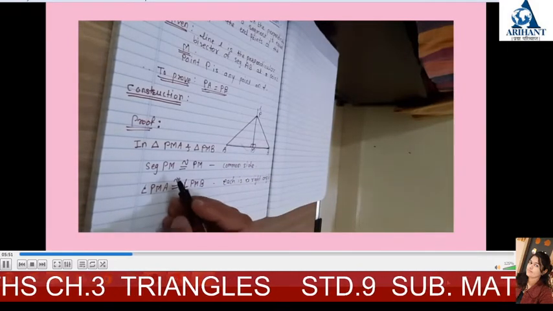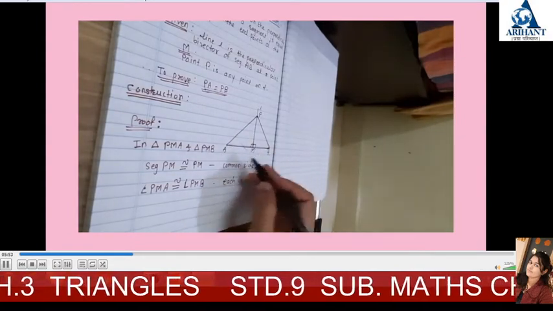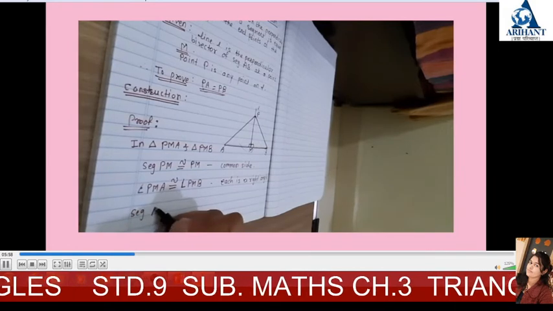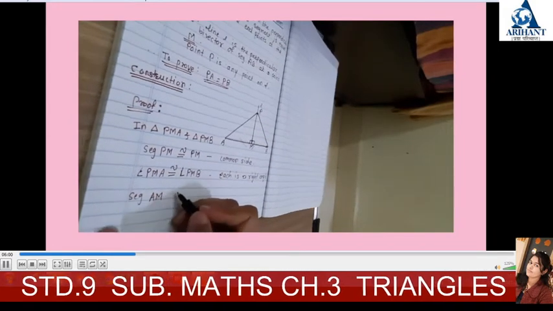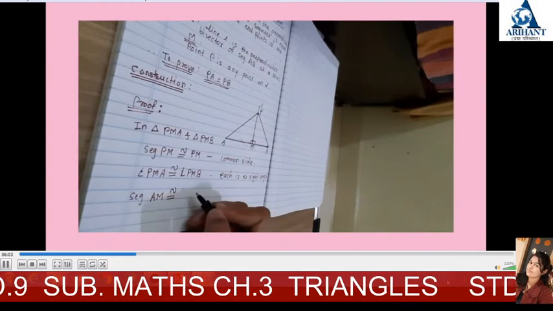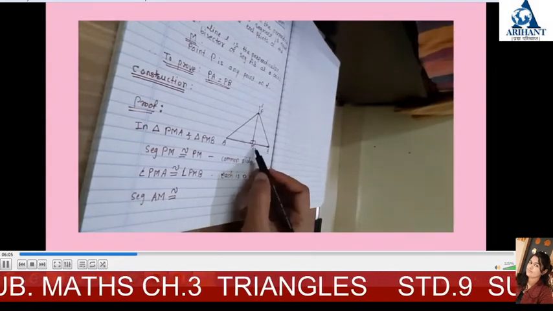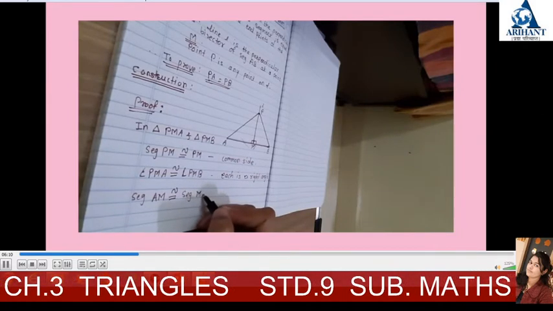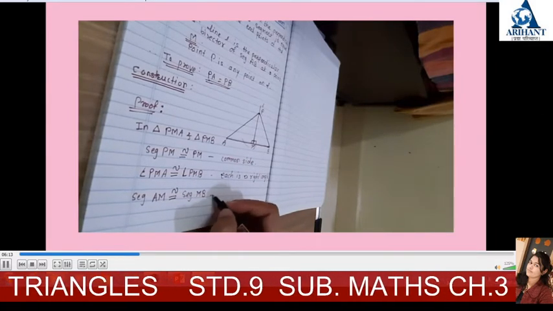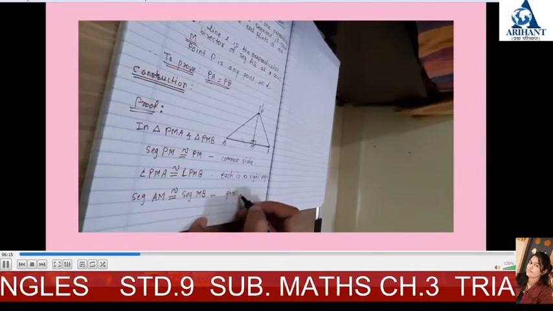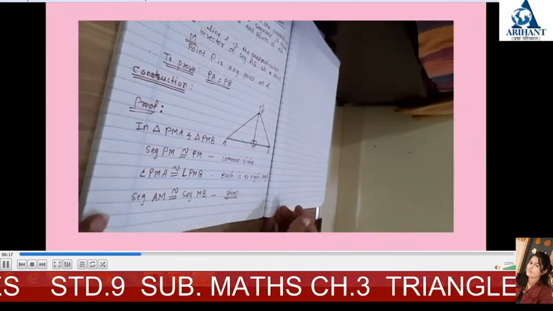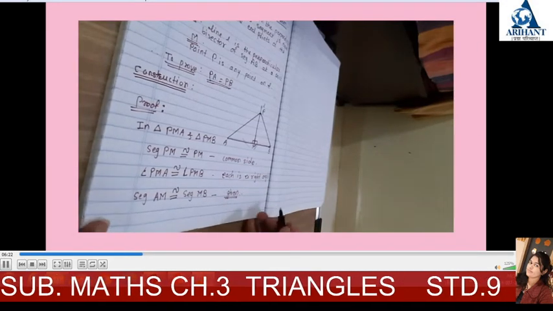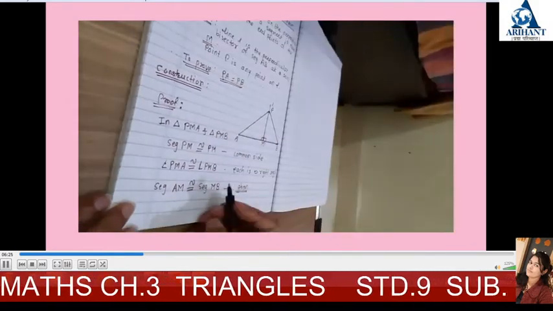Now segment AM is equal to segment BM, which is given, which is the given part of the theorem.